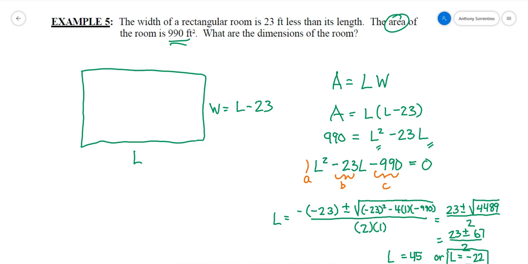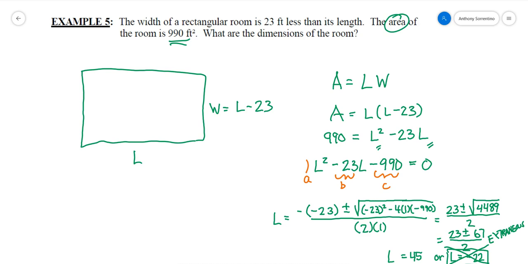This is what we would call an extraneous solution, and we'll talk more about those in other types of equations. An extraneous solution is one that comes up when you do everything correctly, but there are some facts you had to assume along the way that cause an extra solution to come about that in the end doesn't make any sense.